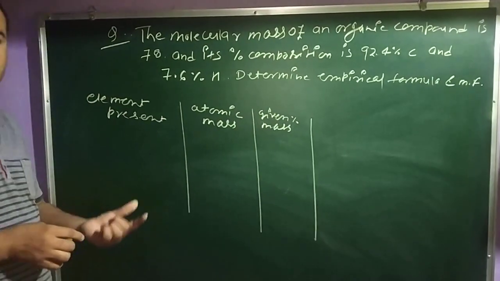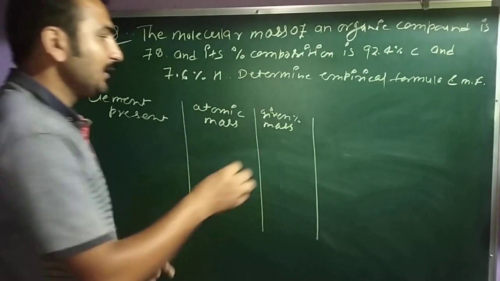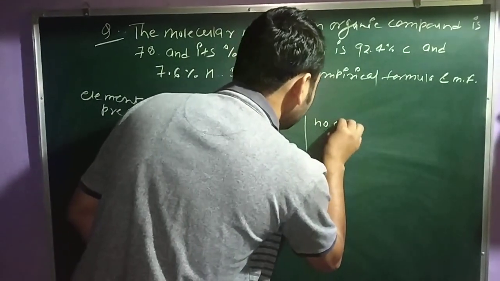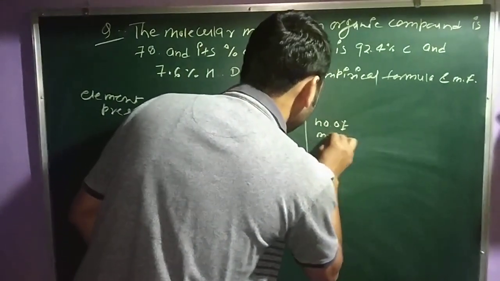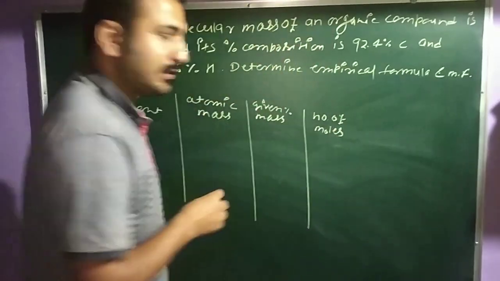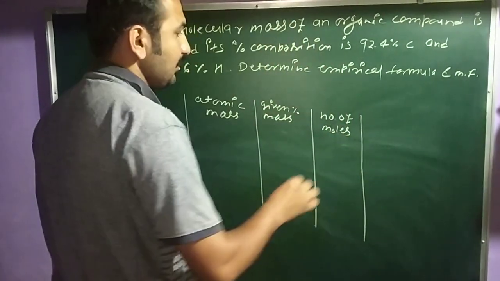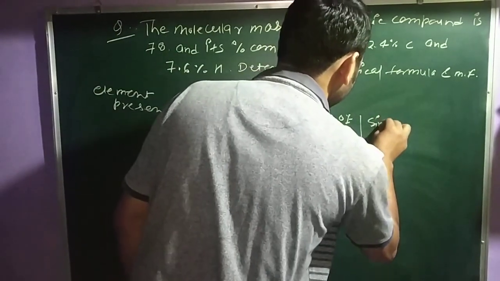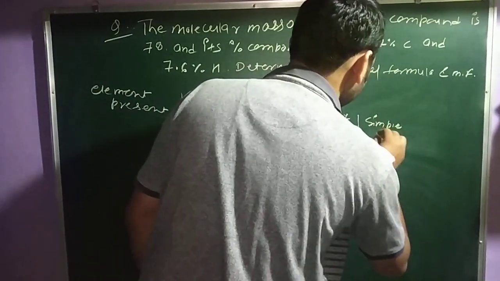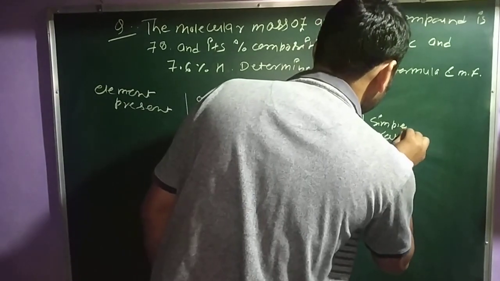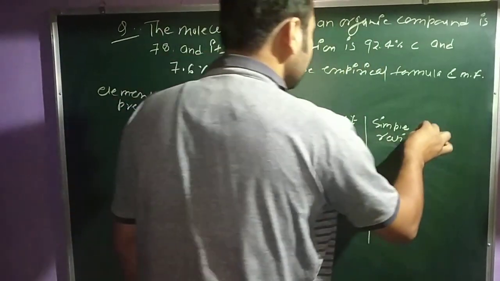These things are given to you. And the next one you have the number of moles present. Next you have the simple ratio.